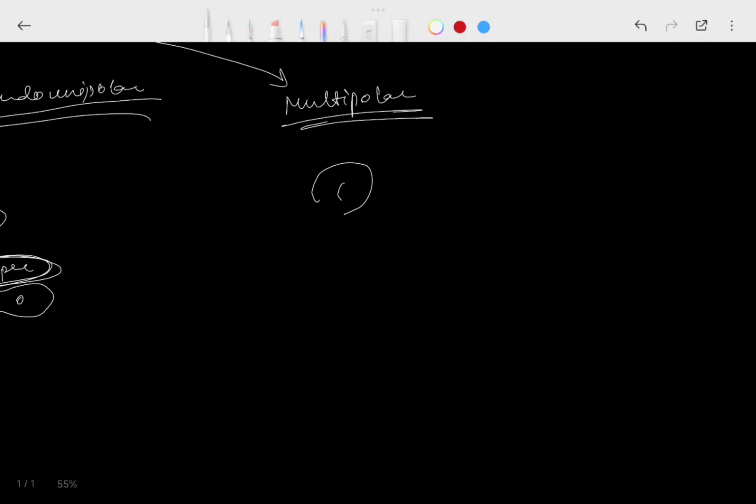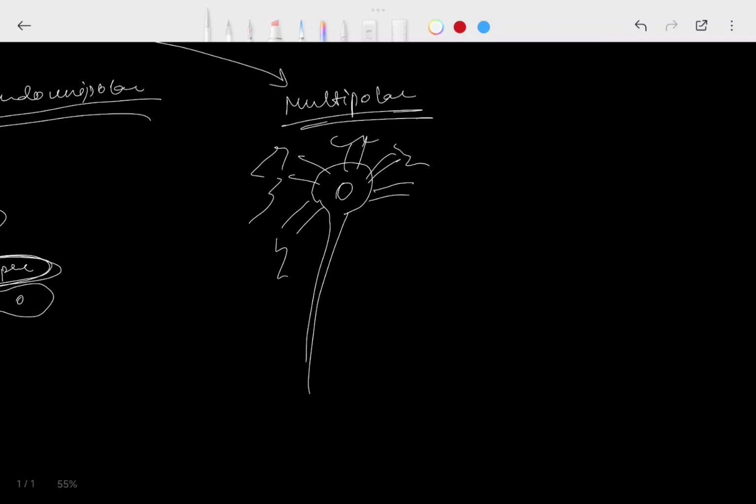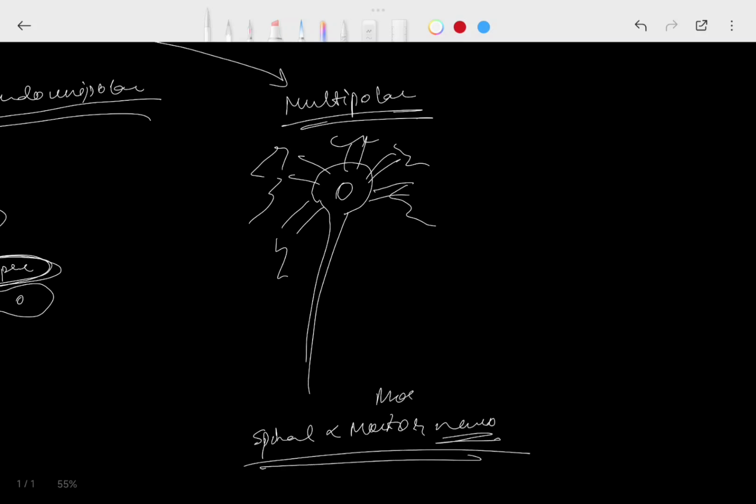It is a cell body and it gives rise to an axon and multiple cell processes, dendrites. All our spinal alpha motor neurons are multipolar. Most neurons are of the multipolar type.